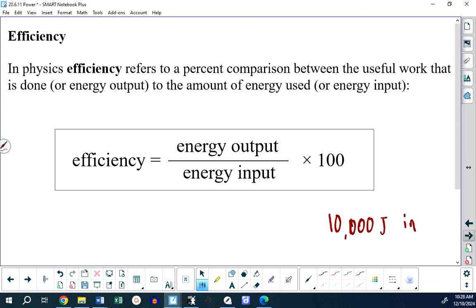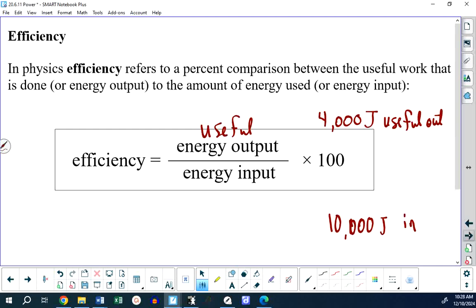But the useful output is what's important. If it's only 4,000 joules useful out, in other words, you find the potential energy of those shingles and it's 4,000 joules, and it required 10,000 joules, I hope you see this as 40%. So we would say that the motor, in regards to what it's trying to do, is only 40% efficient.